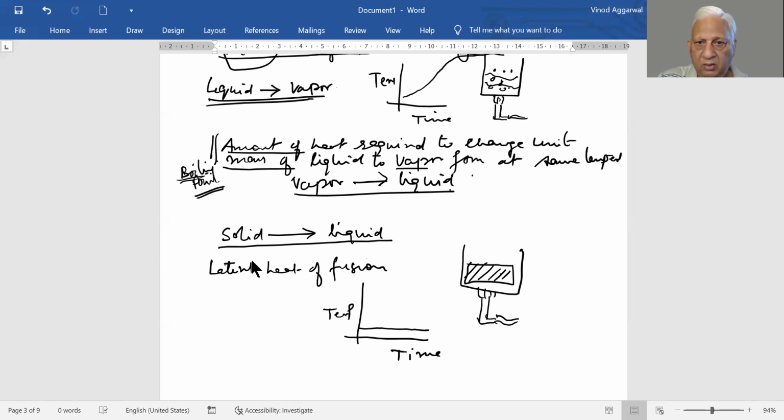And this will happen until all of the ice is melted. Then only it will start rising when all the ice has melted. So where is the heat going without changing temperature? It is going into changing this ice to water.